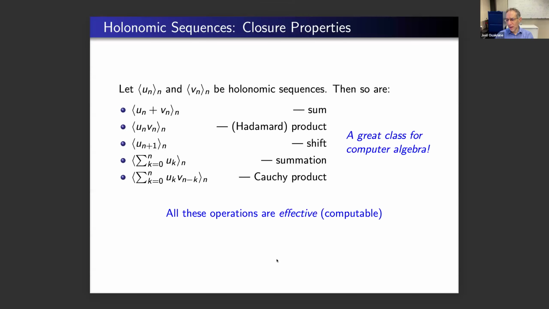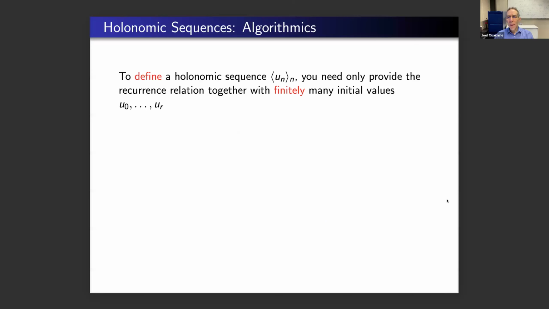These operations are all effective. So given the data that tells you that u_n and v_n are holonomic sequences, you can automatically, mechanically produce the data that tells you the resulting sequence is itself holonomic. To define a holonomic sequence, you only need to provide the recurrence relation together with finitely many initial values. Of course, a holonomic sequence is an infinite object, but you can define it using only a finite amount of data.